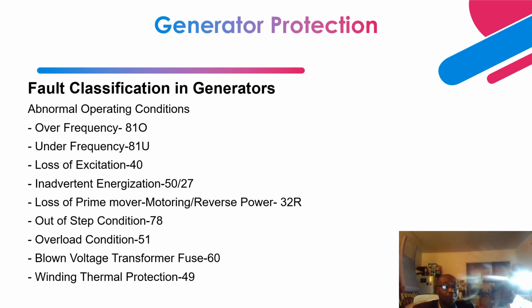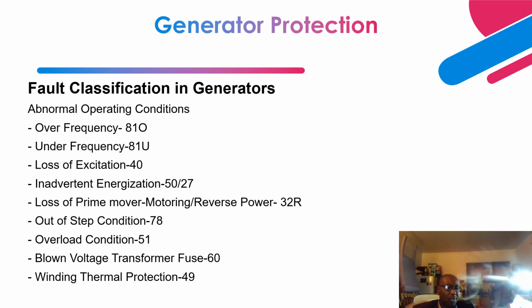A combination of the 50 and the 27 elements will help you detect an inadvertent energization condition. If you utilize only the 50 element, that is the instantaneous element, there's no way you'll be able to detect this inadvertent energization. You have to use a combination of the 50 element and the 27 element.